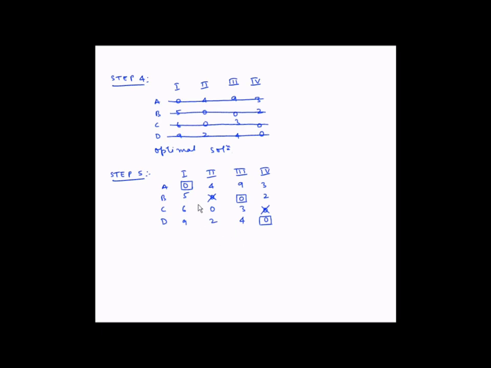Now let's again go back to row wise. So A already has an assignment, B already has an assignment, C has 1 zero and 1 crossed off, so C is assigned to 2. So this is our assignment. If we note these down, we have A is assigned to 1, B is 3, C is 2, and D is 4.